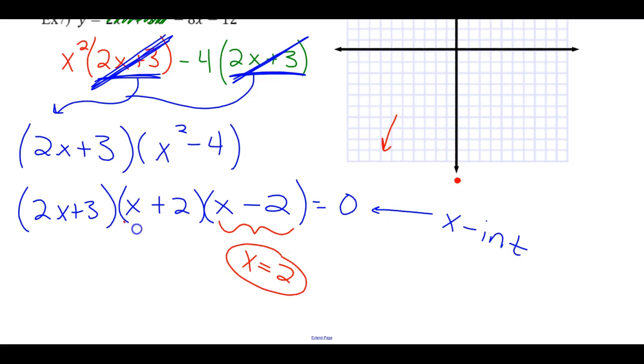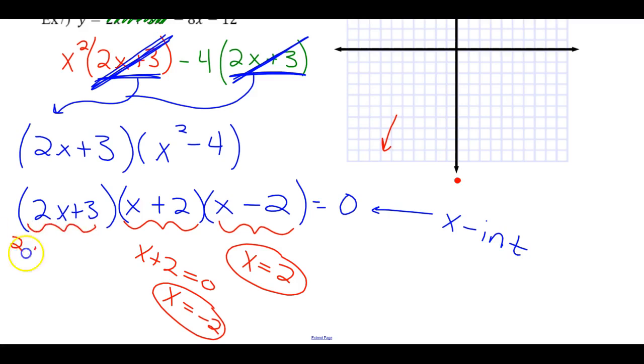If I set this equal to 0, what's my answer? So like x plus 2 equals 0. Just like algebra 1. Subtract the 2 over, and it's the opposite. That's why we do that. It's negative 2. And then the last one, this one's maybe not quite as obvious. What x-intercept do I get out of that? It's not 3. It's not negative 3.